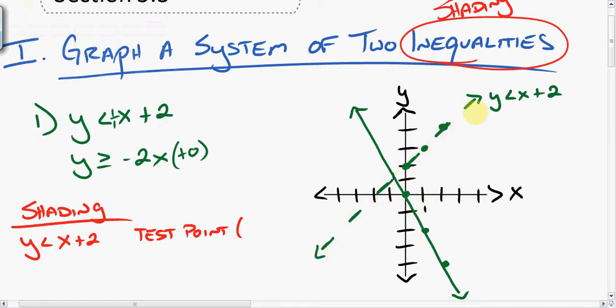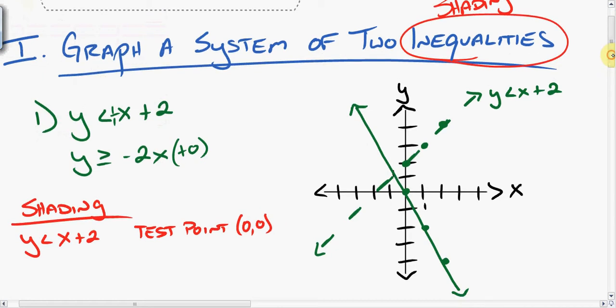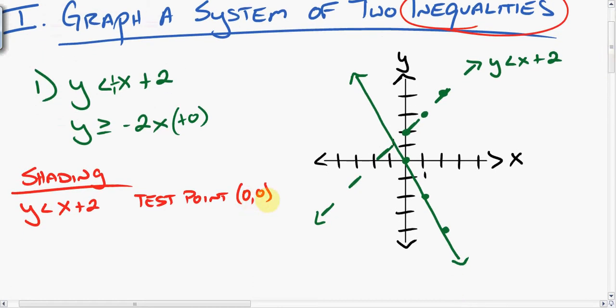For this line right here, it works, because 0, 0 does not fall on that line. So my test point is 0, 0. Essentially, you're just going to plug the values of x and y into your inequality. Y is 0, so I have 0 is less than 0 plus 2. You want to evaluate each side of the inequality independently. So 0 is less than 2, because 0 plus 2 is 2.